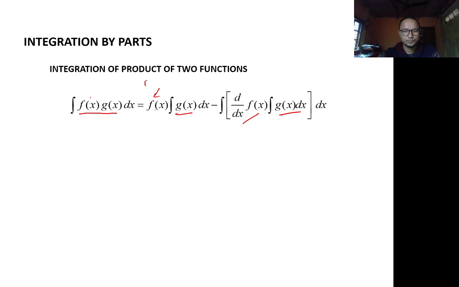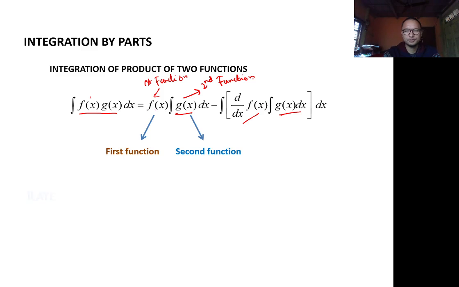This is called the first function, this is called the second function. Now how to decide the first function and the second function, there is a rule.